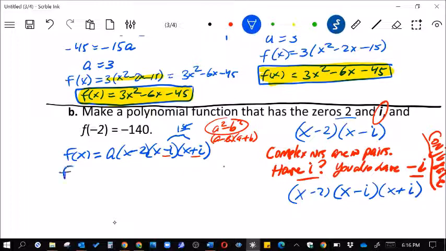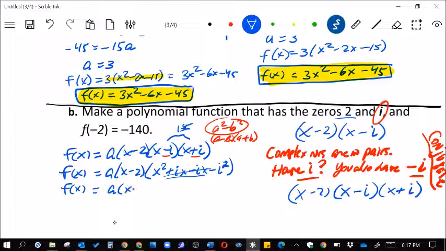Watch this happen and you'll see it. f of x is equal to a, x minus 2, which we're holding off now. x times x is x squared, plus ix, minus ix, minus i squared. So here at this point, notice these two will cancel. So I have that the function of x is equal to a, x minus 2, x squared minus i squared.